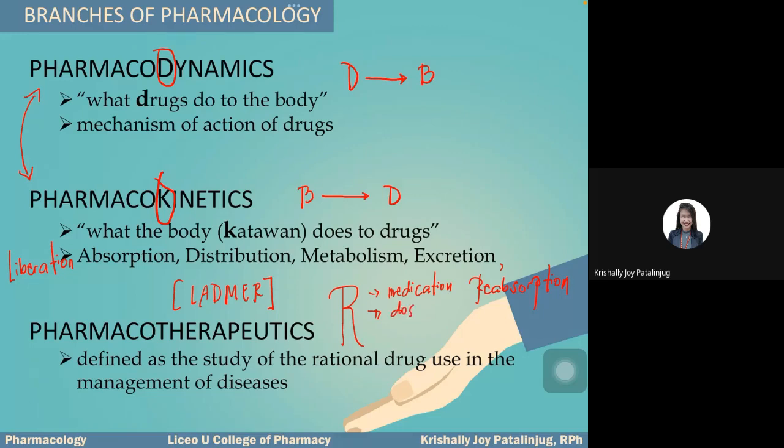Okay, so with the right dosage or dose to the right patient, and it should be taken at the right time, in the right route of administration. So those are the rights of medication administration. I repeat, as pharmacist, you should make sure to dispense the right drug with the right dose to the right patient at the right time in the right route of administration.